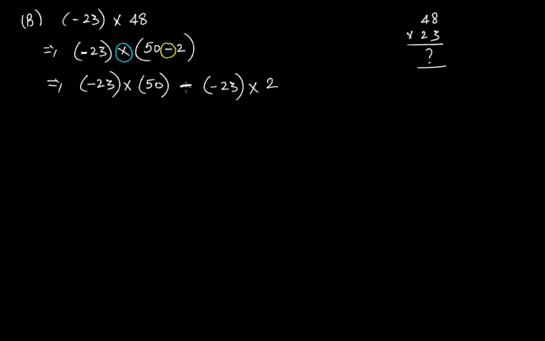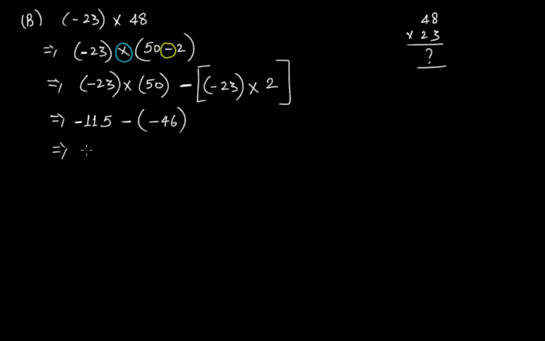We have put this minus sign here. Now if you solve this, this will give you minus 1150, and then minus, if you multiply minus 23 by 2, you'll get minus 46.